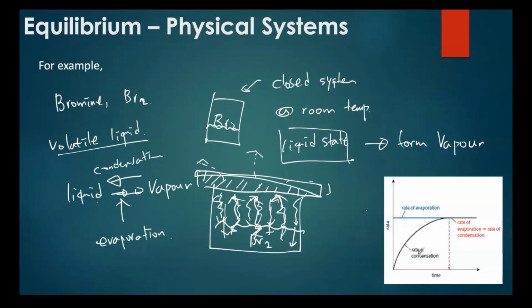At this point, there are no net changes in the amount of liquid and gas in the system, and we say that the system has reached equilibrium. All of this can only happen in a closed system, as I mentioned, because they need to trap everything. And this is how you explain the physical systems of equilibrium.